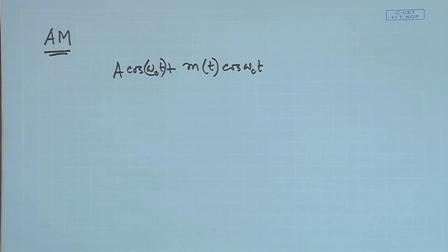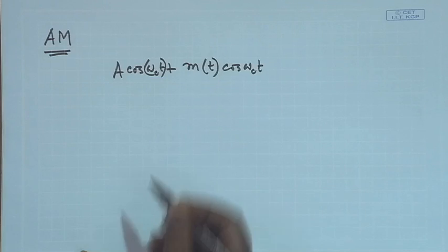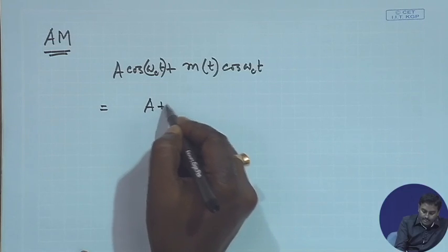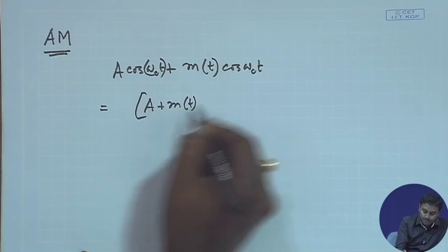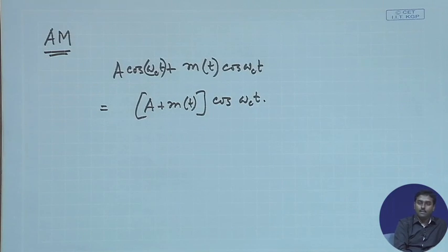So, we just add a carrier to it, and you will see that the entire complexity of recovering carrier and then multiplying with a carrier just vanishes. How? We will see now. So, if I just do this, I can write it as A plus mt, times cos omega ct, right.